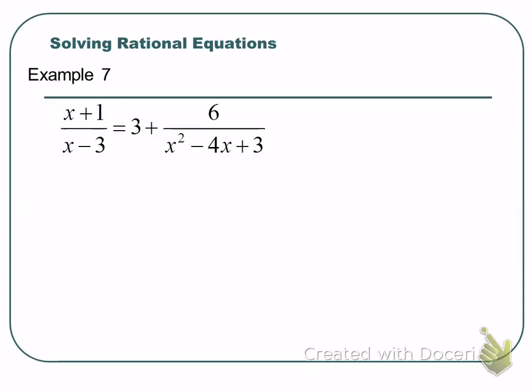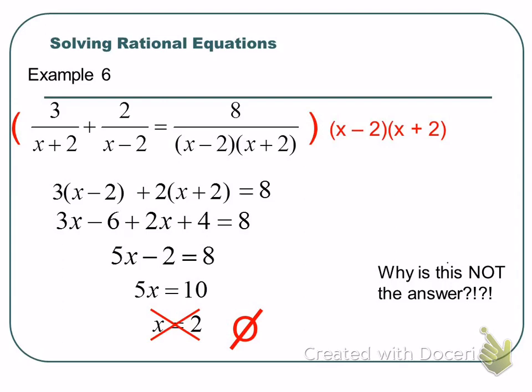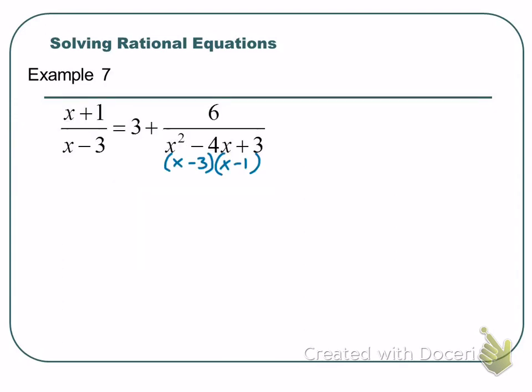What do we need to do? Factor the denominator, right? So I can see what factors are needed. And the factorization there is going to be x minus 3 times what? x minus 1. So I need to multiply every term by x minus 3, x minus 1.